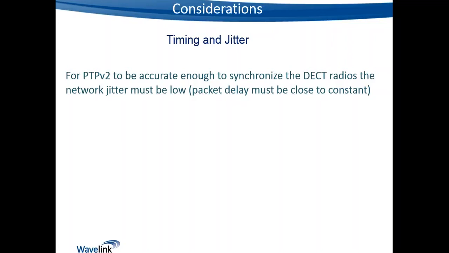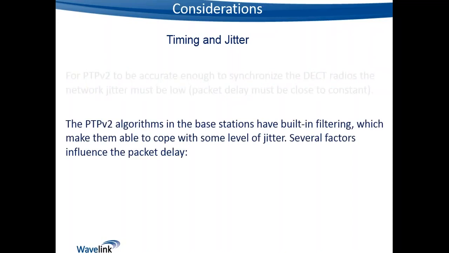So if there's an excessive amount of jitter on the network, then that will have an impact on how this works. So we want the delay between the packets going from the source to their destination to be a fairly constant amount. PTP has built-in filtering, so it does allow it to cope with some level of jitter. You're always going to get jitter on a network. It's about minimizing that jitter.